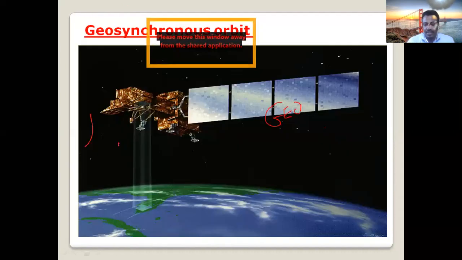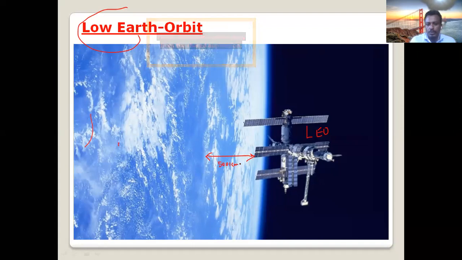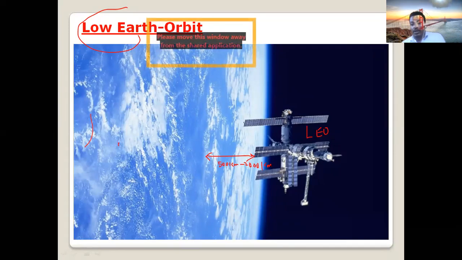One difference is the distance, right? For low Earth orbit satellites, the distance from Earth is from 500 kilometers up to 2000 kilometers.